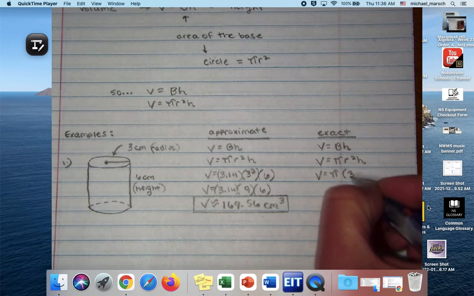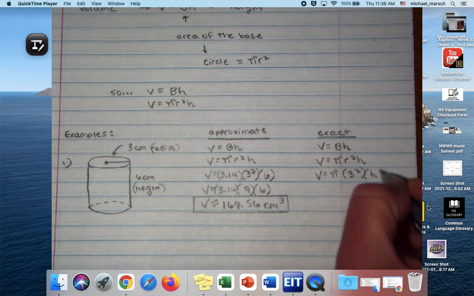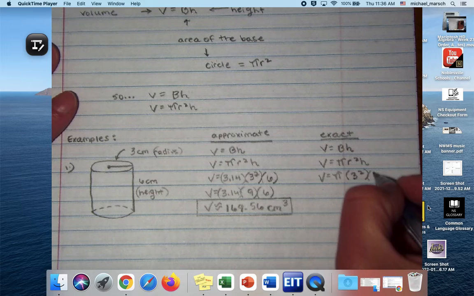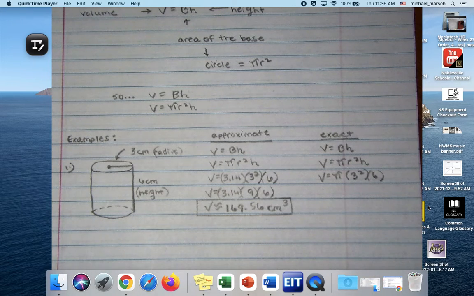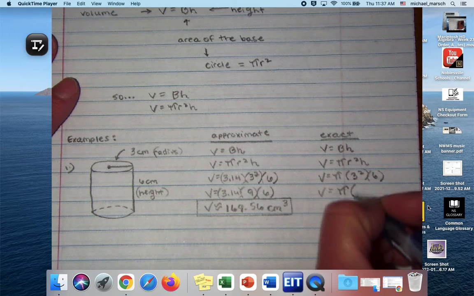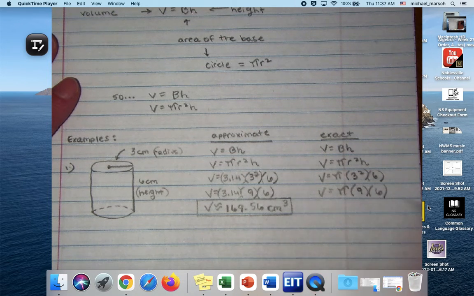Pi times 3 squared times h, or excuse me, times 6. I'm just going to continue to leave that symbol there because once I actually do the math with that symbol, it's no longer exact because pi is an irrational number. So then I'm going to have volume equals pi times 9 times 6.